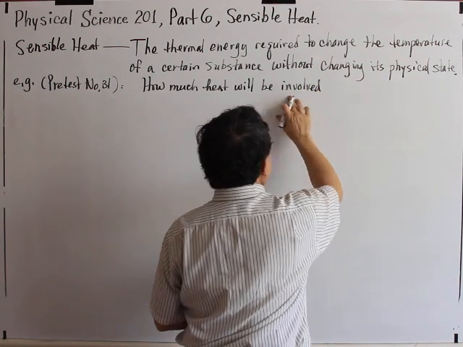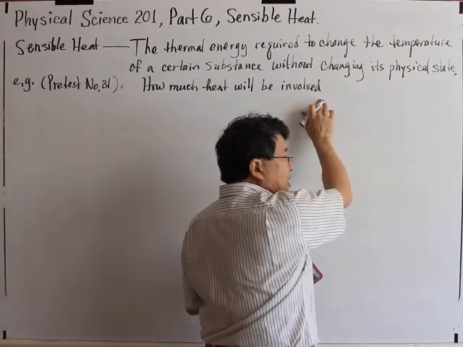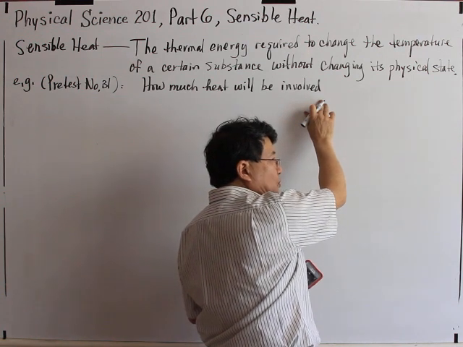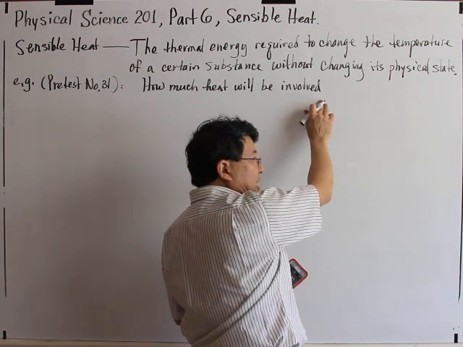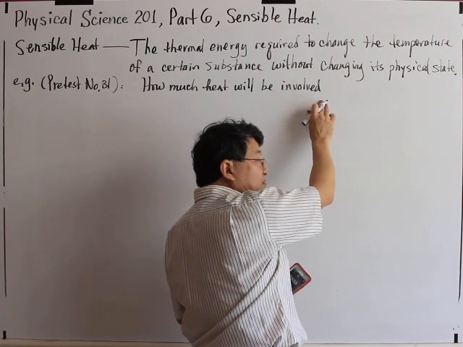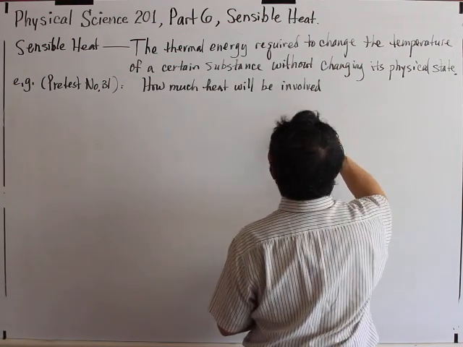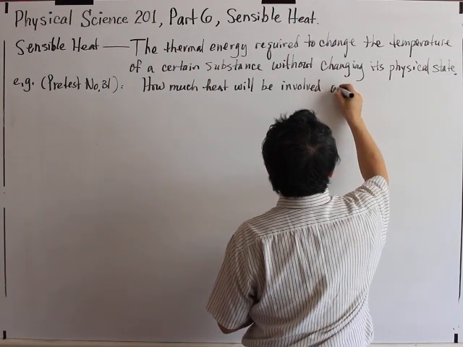Now I use involved. That means it can be increasing temperature, putting energy in, or decreasing temperature by taking the energy out of the substances. Not just evolve, right? That's involved.